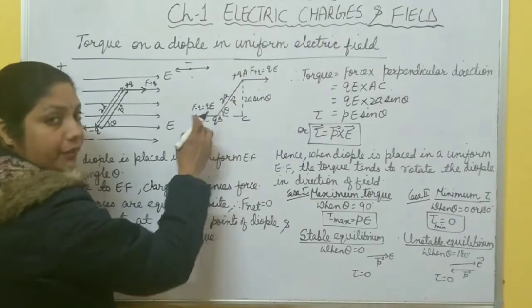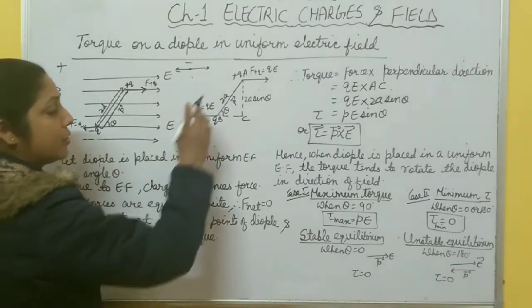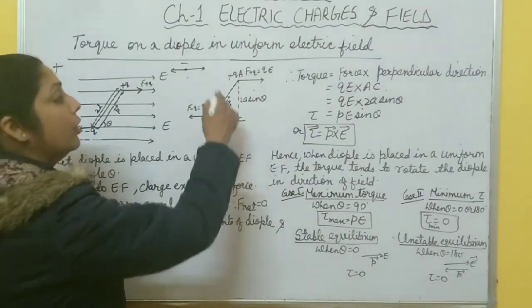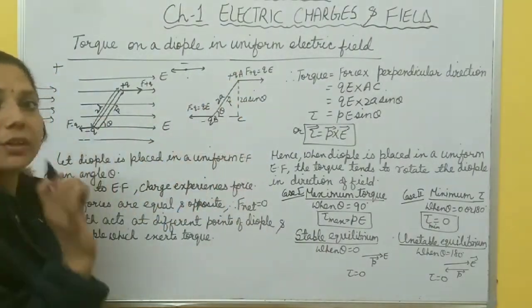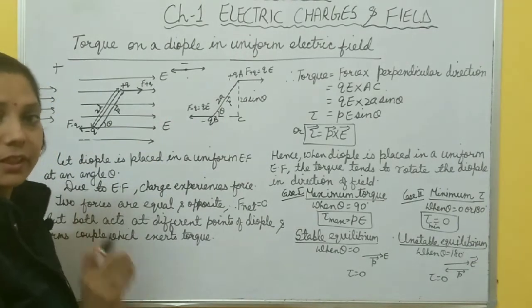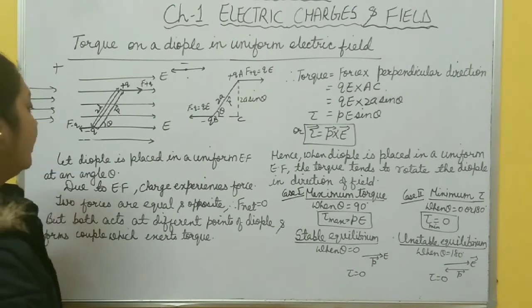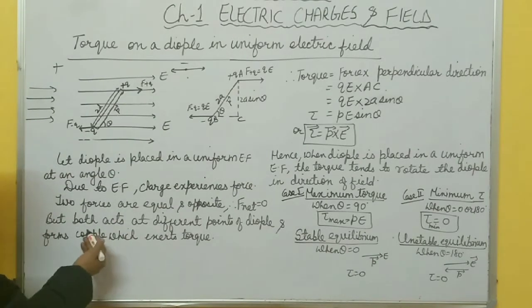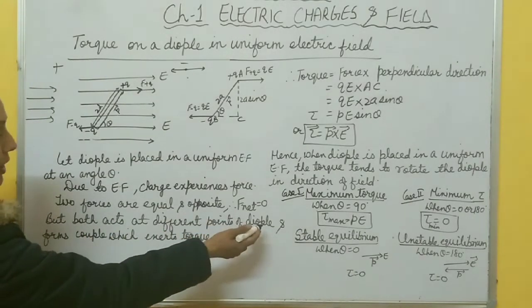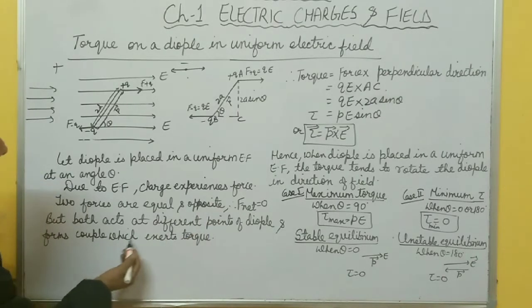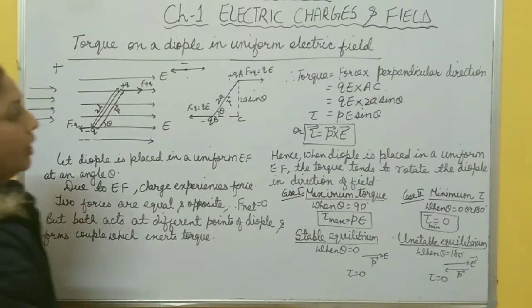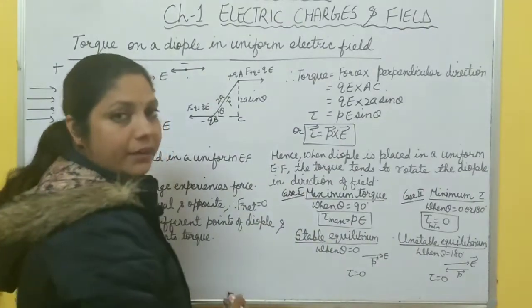Both points are different, line of action is different, so it starts rotating. Rotating means some torque is developed, some rotational motion is developed when a dipole is placed in a uniform electric field, right? So you can write in this way, both act at different points of the dipole and hence form a couple which exerts torque. Now let us see what is the value for that torque.